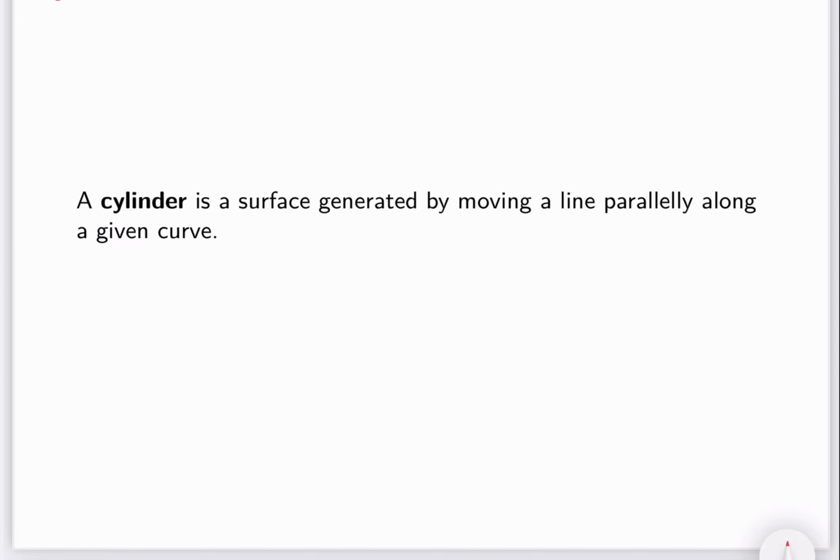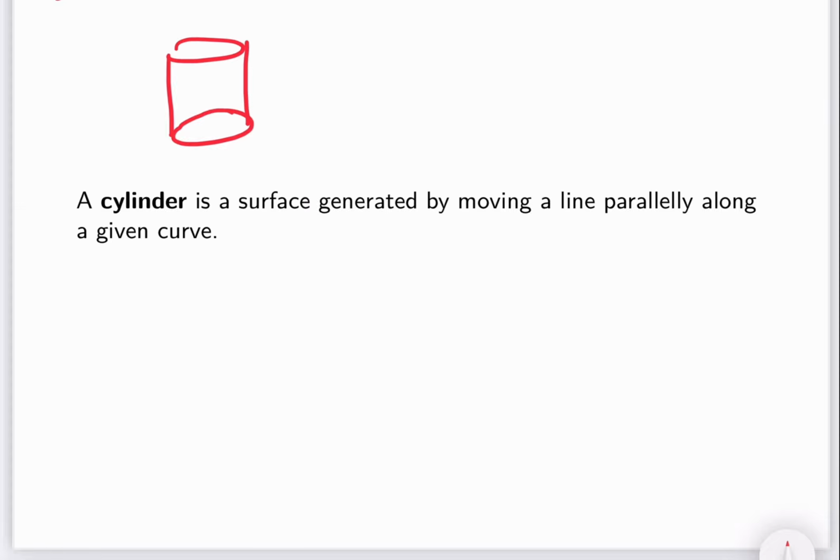Okay, another familiar surface is the cylinder, but the cylinder in mathematics is going to be much more general than what we normally understand by cylinder outside of mathematics, let's say. Normally a cylinder outside is something that looks like this.